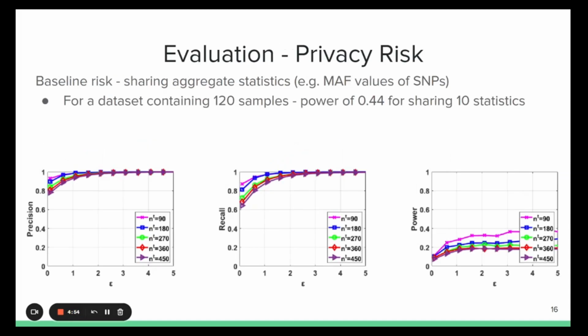Furthermore, we conducted a comparison between the privacy risk of our proposed framework, which involves sharing PCA output, and the risk associated with sharing GIVA statistics, which is referred to as the baseline risk. In our experiments, even with just 10 GIVA statistics obtained from a dataset of 120 samples, the baseline risk has a power greater than 0.44 for membership inference.